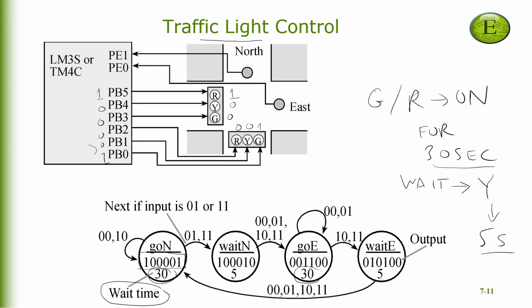Likewise, the go east state is also 30 seconds, meaning that once you enter the go north state or the go east state, you stay in that state for 30 seconds before transitioning to the next state, which is wait in both cases.